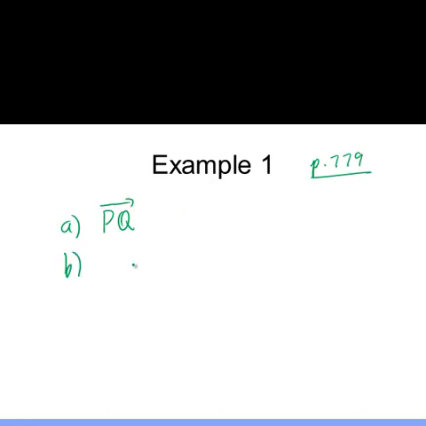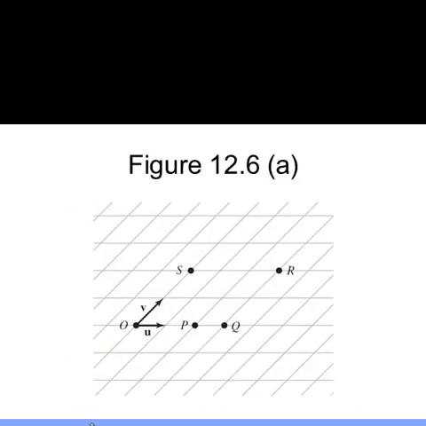The vector that goes from Q to P, the vector that goes from Q to R, and the vector that goes from R to S. Let's go ahead and take a look at what's going on here. This is the picture that we're supposed to be referencing here. We've got a vector u here and a vector v here. The first one that they want us to look at is the vector that goes from P to Q.